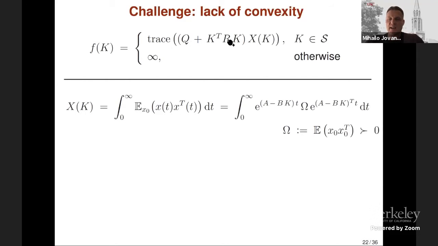Again, Q and R are state and control weights, and X is the closed loop covariance matrix of your state vector. It turns out that you can write this matrix X in terms of the feedback gain K using this integral representation. And one reason why you don't have convexity is because in general, matrix exponential is not a convex function of its argument, of a feedback gain in this case.